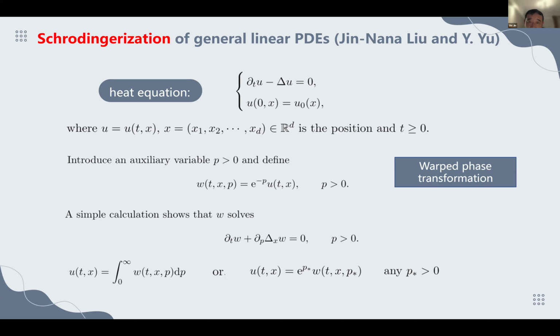So there are all these ideas of going to high dimension for different purposes. We're not the first to go to high dimension. But for this systematic way to solve PDE problems for quantum computers, this Schrodinger idea, at this point nobody has told us they have seen this before.